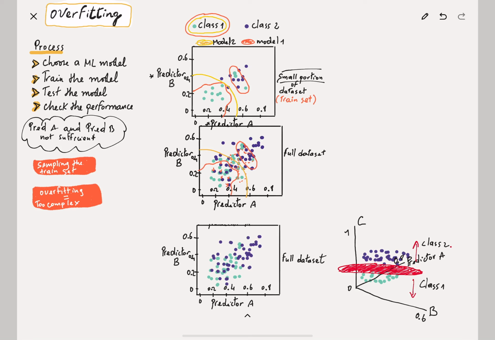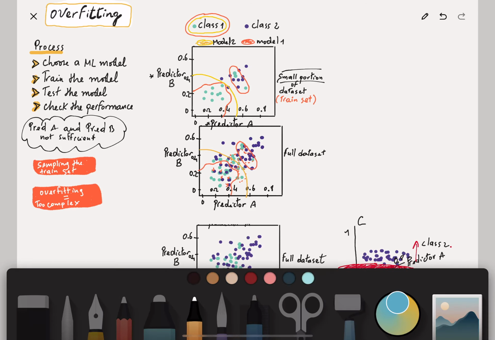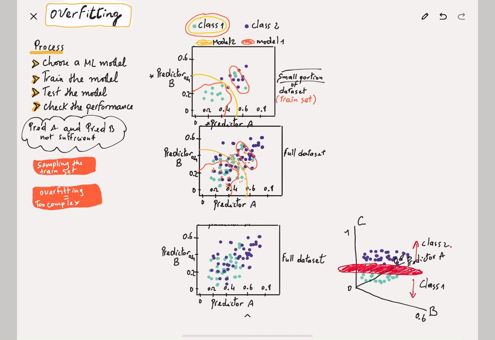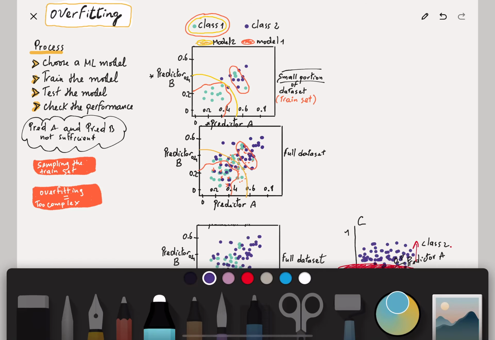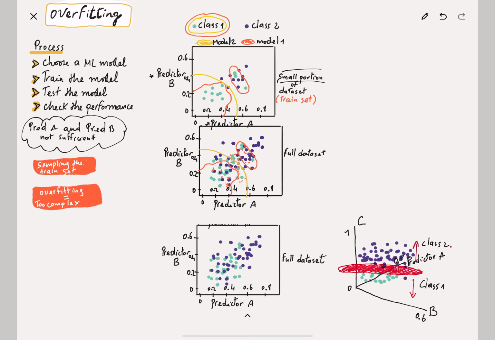Let's assume this one was a training set. But looking at this, there's a high chance that if a new data set comes, it's probably going to fall here. One might fall here, but it looks like the majority are going to fall somewhere here for class 2, and for class 1, a few of them might fall somewhere up here, right?